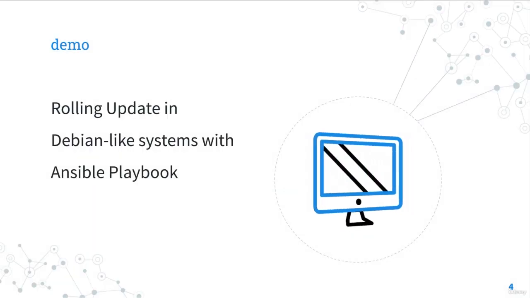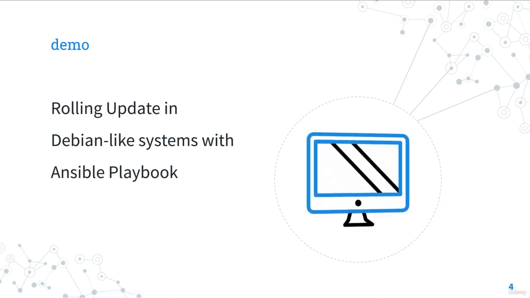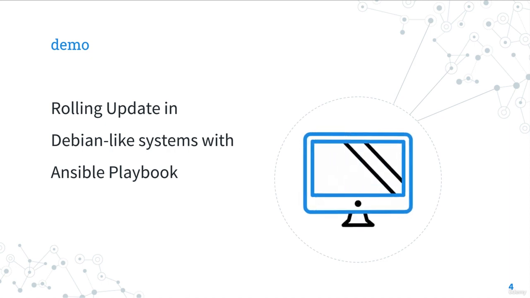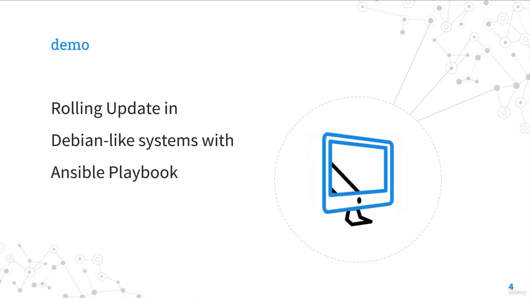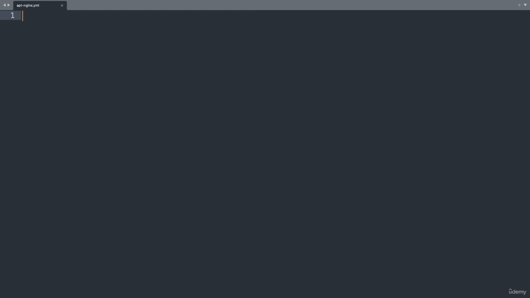Let's jump into a real-life demo of a rolling update on Debian-like system with an Ansible Playbook. And welcome to my editor. Like always, we start with three dashes, which means that it is a YAML document.